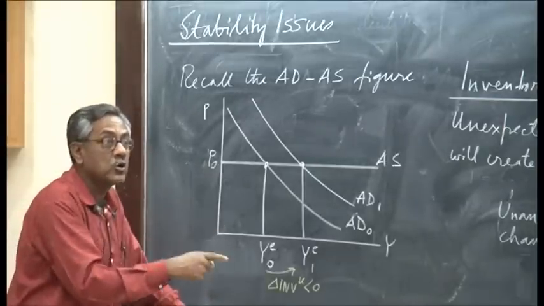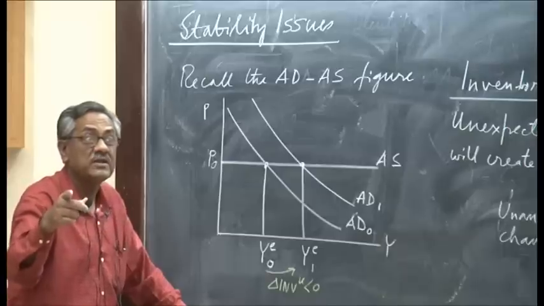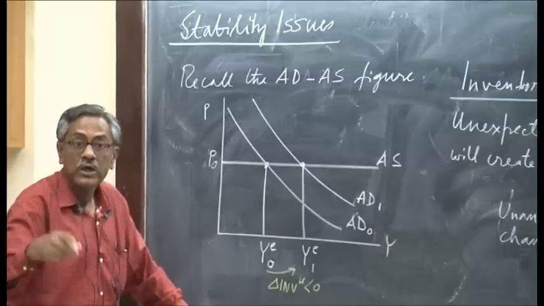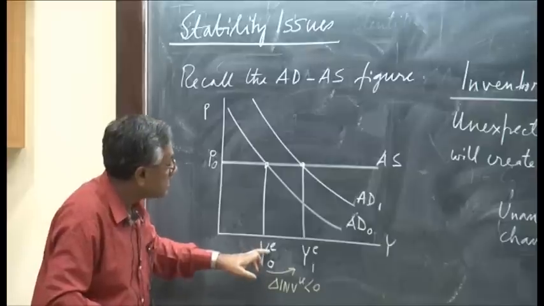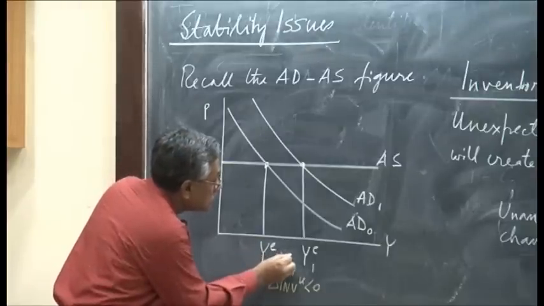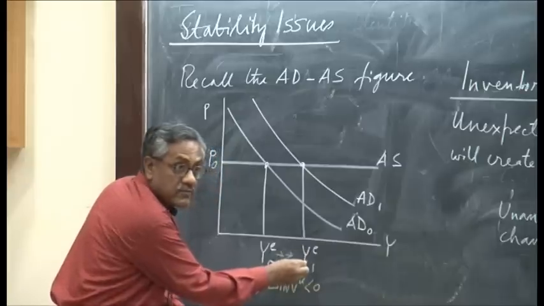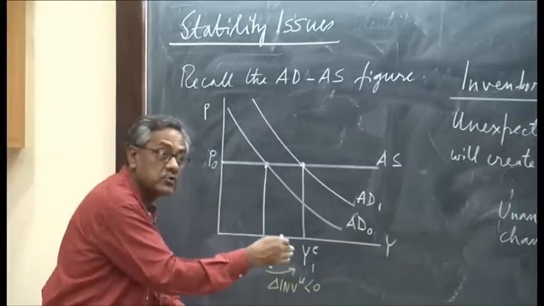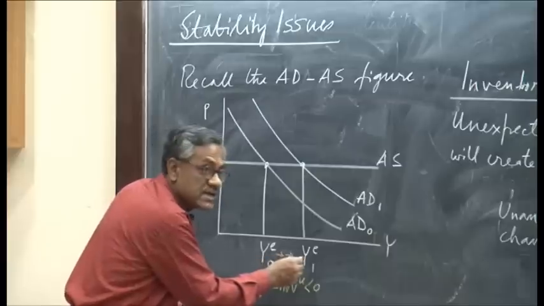Your inventory stocks are going down because there is extra demand in the market. When it persists, you have to produce more. In order to produce more, Y starts increasing slowly towards YE1, the equilibrium value. It doesn't reach it overnight. It takes time to reach that, and then it reaches that.